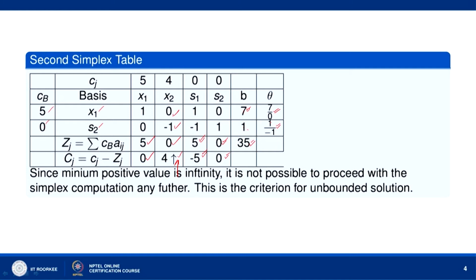Now, we have to consider only positive values in the theta column to determine the minimum positive theta. So, the minimum positive value is 7 by 0, that is infinity, and therefore it is not possible to proceed with the simplex computation any further, and so we get an unbounded solution here.